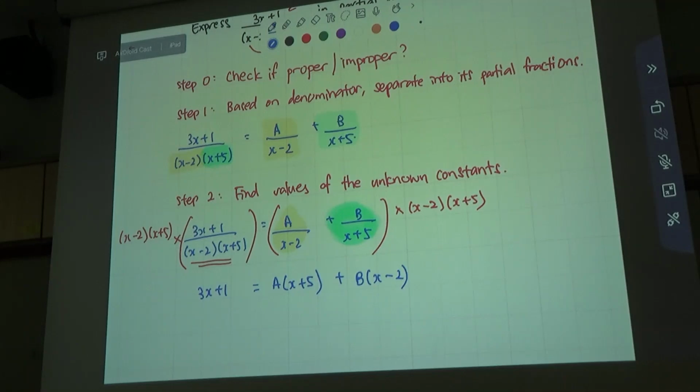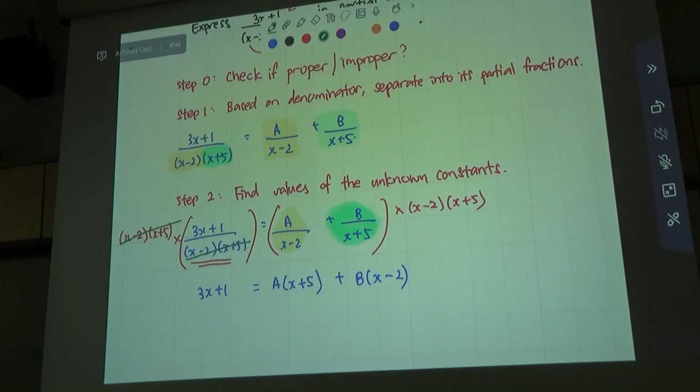Can I get your agreement that this is true? In case you don't understand, I'll just use a green pen. It's like cancelling, right? Over here I can cancel out, and then I'll be left with 3x plus 1.